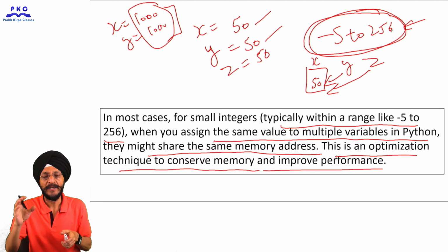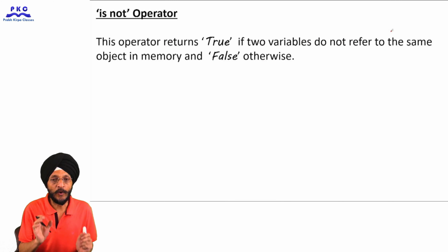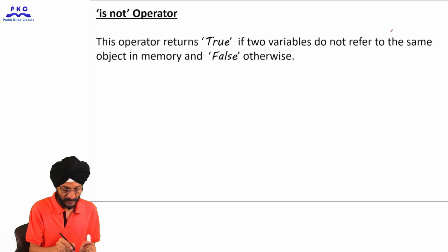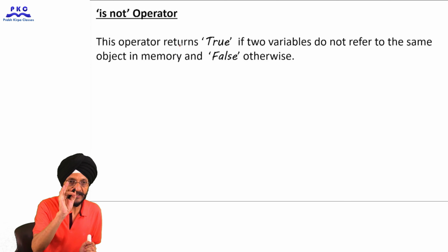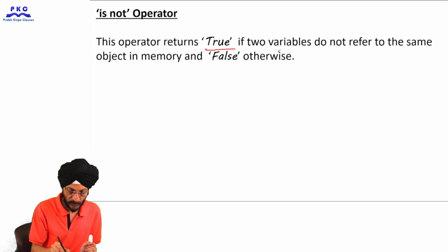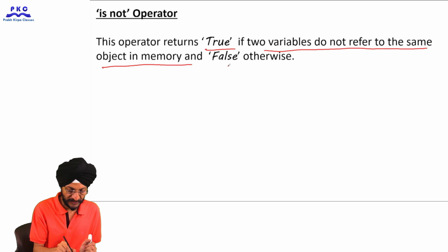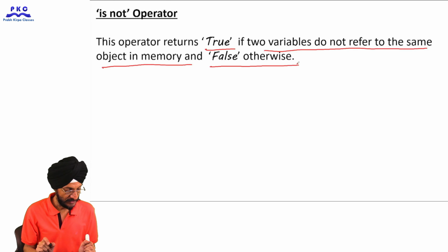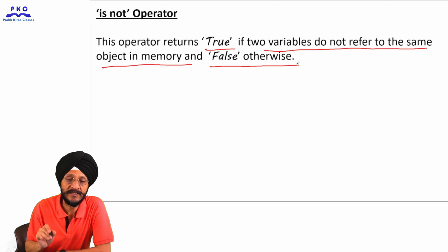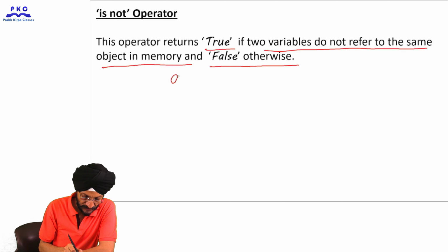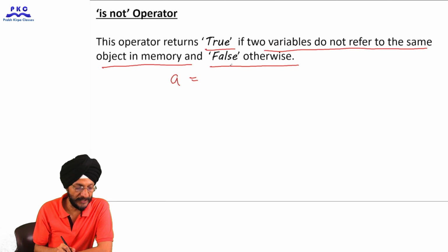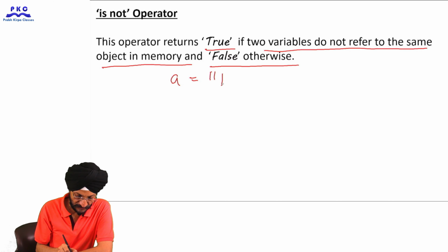Memory location may differ. Now, the is not operator. This operator returns true if two variables do not refer to the same object in memory and false otherwise. What does it mean? Let us understand the same with the help of an example. Now we have a variable with the name A and the object is hello.